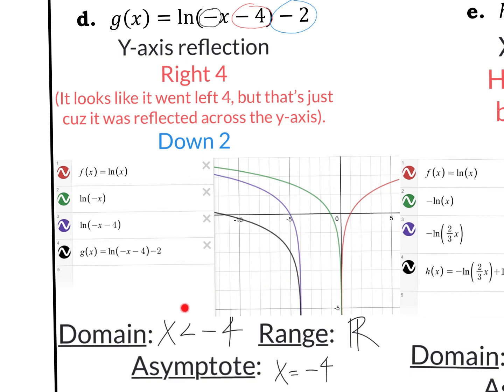So that's why you say your domain is x is less than -4. And again, you can also think of it like this. The sign points to the left, and the graph is going to the left. Also, the range is all real numbers because it's going up and down.